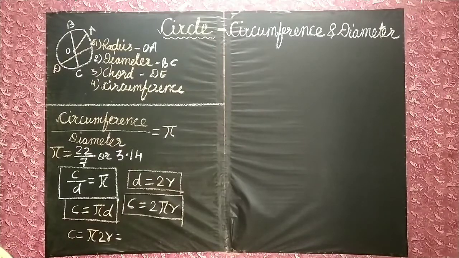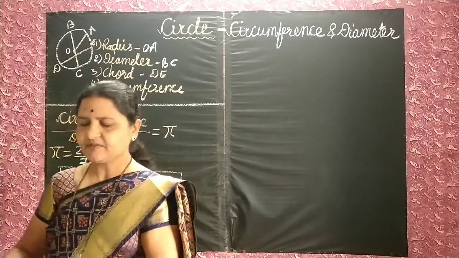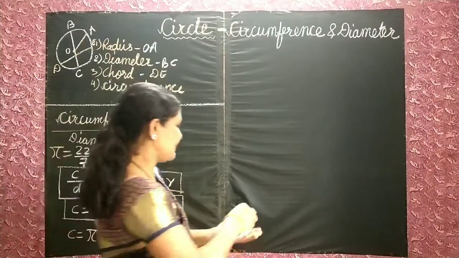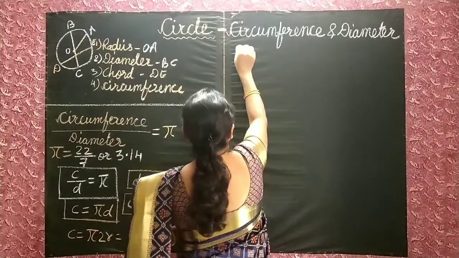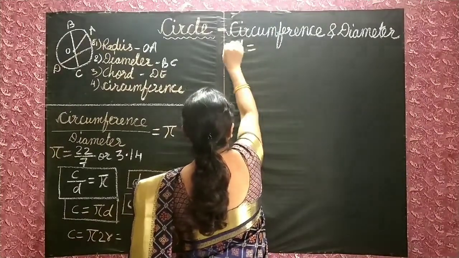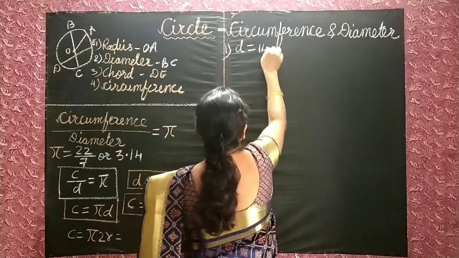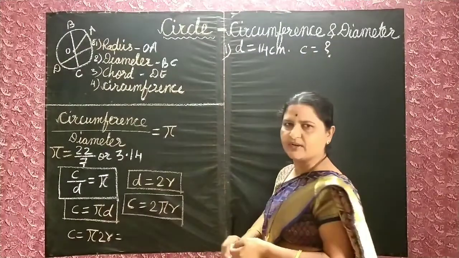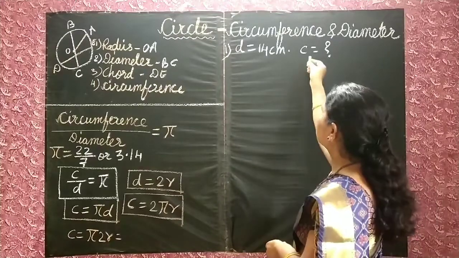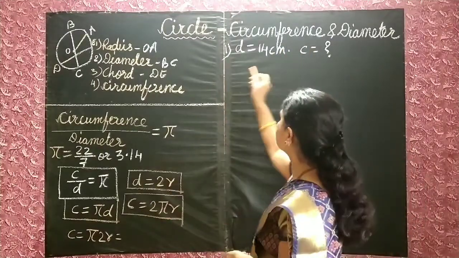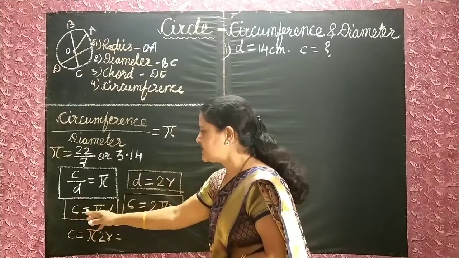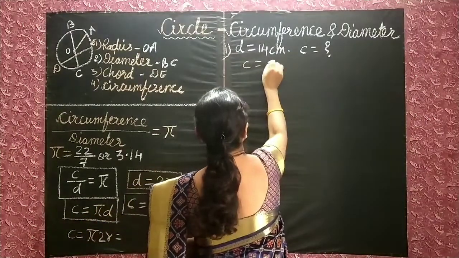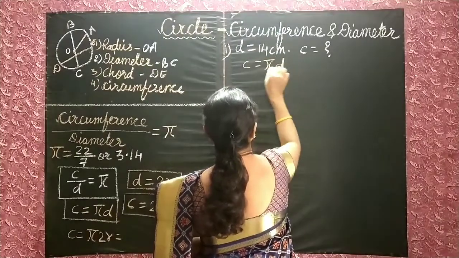Here in your textbook, the diameter of a circle is given as 14 centimeter. Find the circumference. Write the given things first. Diameter is given 14 centimeter and we have to find the circumference. We know the formula: circumference is equal to pi d.